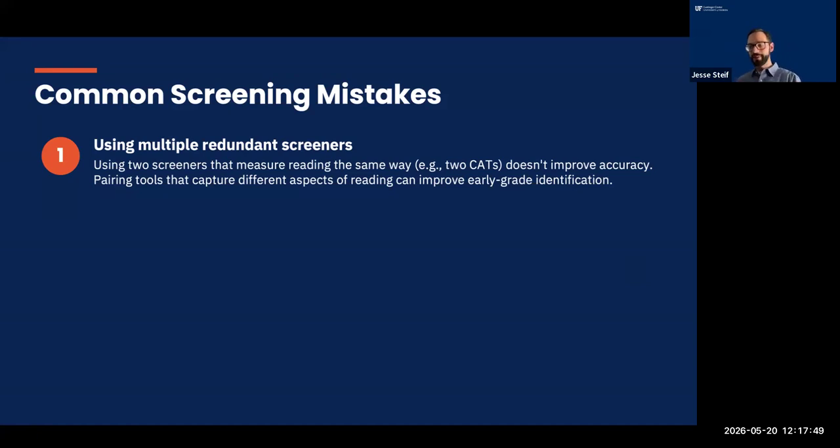Using two computer adaptive tests doesn't actually improve the accuracy with which we are identifying students who are at risk. It actually reduces accuracy, because you might have one screener that says a student scores in, say, the 20th percentile, and the other screener may indicate the student is scoring slightly above the cut score where you would provide tier two or tier three intervention.